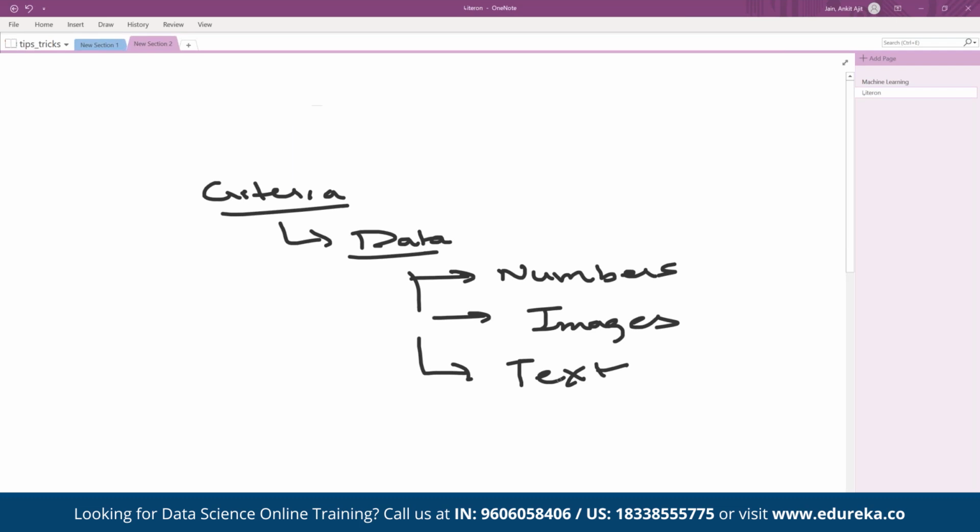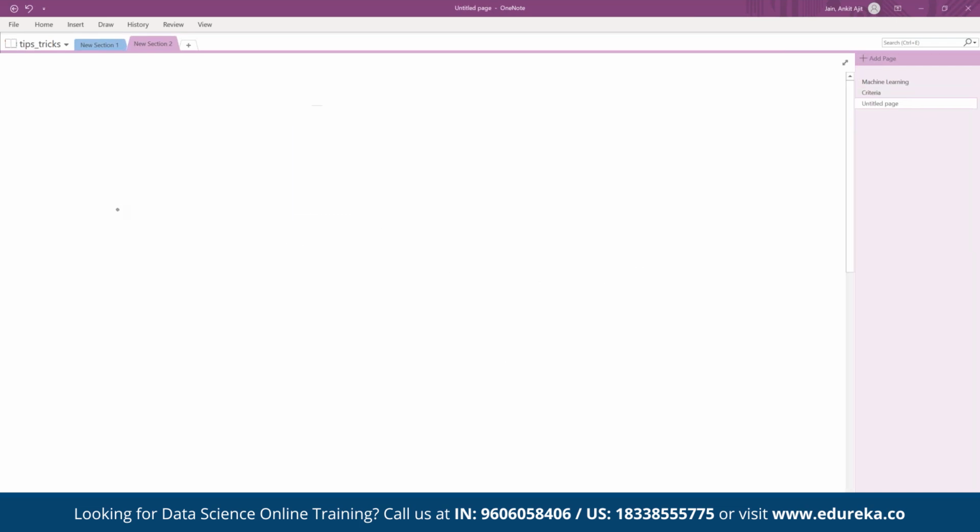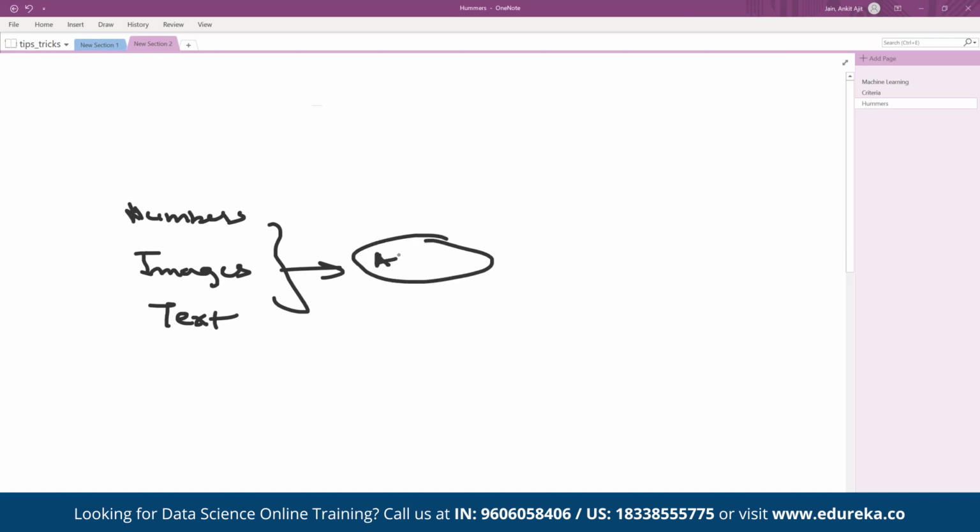When these numbers, images, or text go into an algorithm, the algorithm basically means what? It is a set of equations.